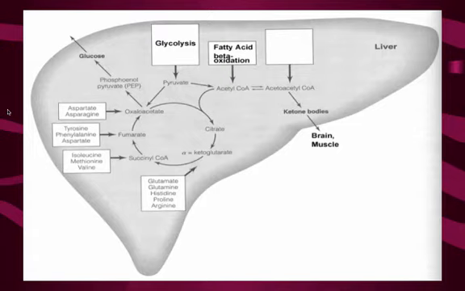Liver cells can't go from pyruvate to oxaloacetate. If they do, that oxaloacetate doesn't go this way, it goes this way. Why? What's this? Gluconeogenesis. Why is the liver doing that? Because other tissues need glucose. So now what happens? Acetyl CoA accumulates.